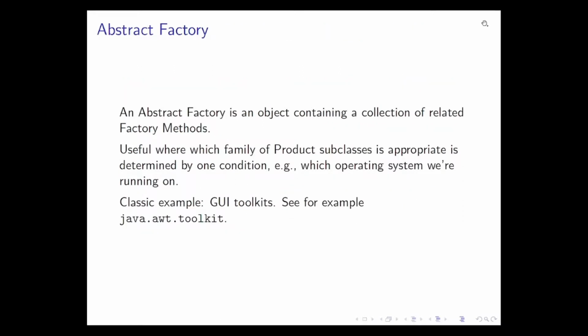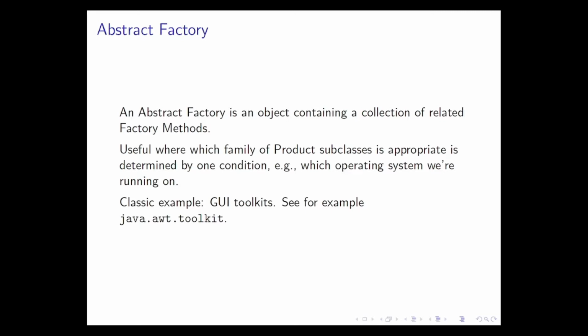Finally, for this section, what's an abstract factory? Well, an abstract factory is an object containing a collection of related factory methods, basically. And this is useful where you have a whole family of different products, each with usually a kind of parallel collection of subclasses, where you want to use a consistent collection of those subclasses.